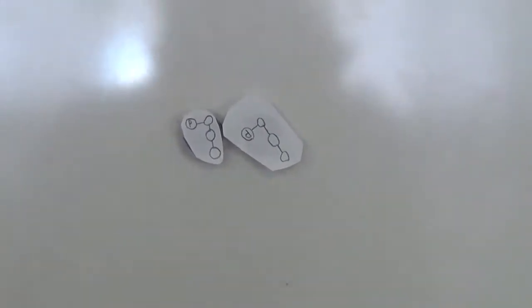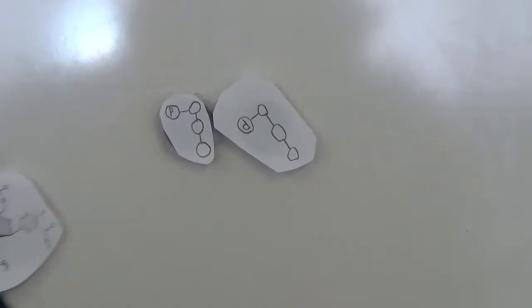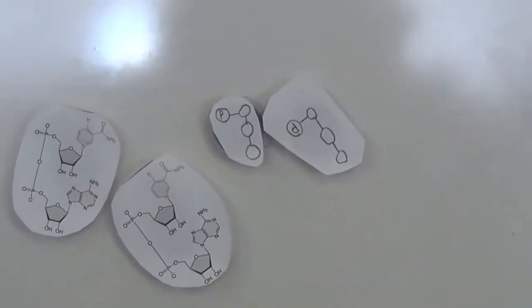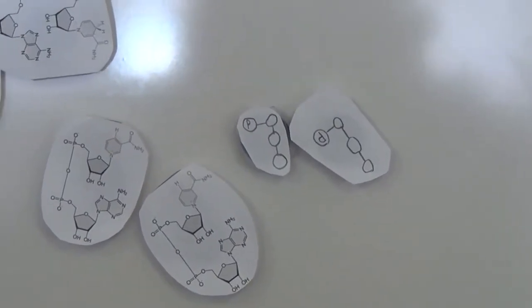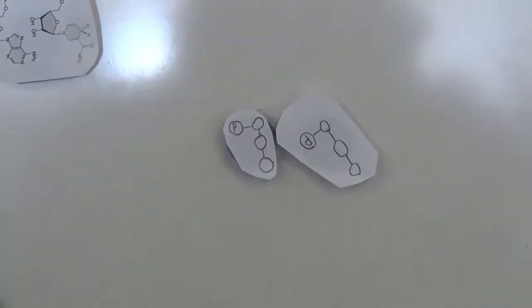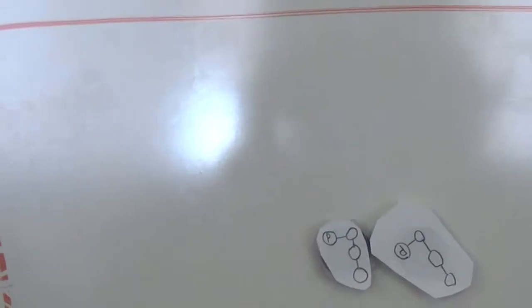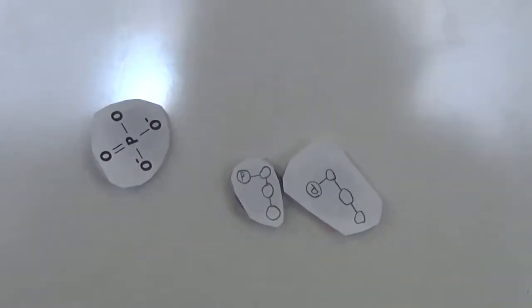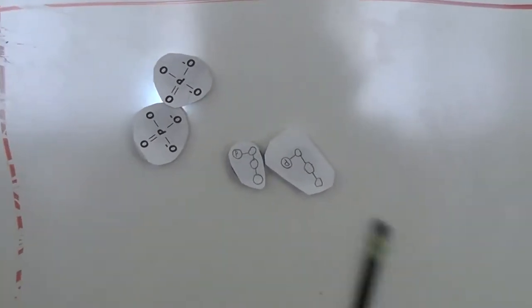2 NAD plus go into this reaction and become NADH, allowing room for the bonding of a phosphate group. 2 phosphate groups then come in and bind to these isomers.